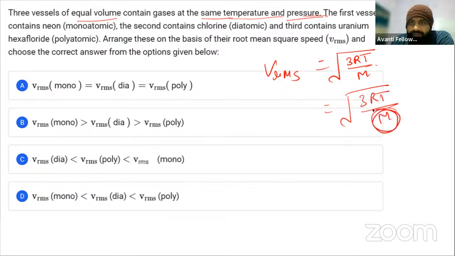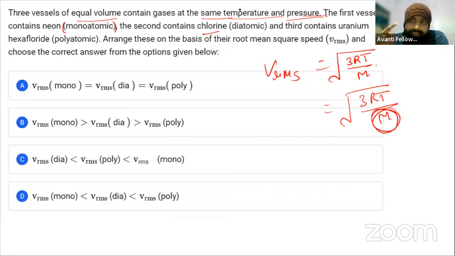The only thing that varies is M. Here, to confuse you, the question has specifically mentioned that this is neon, which is monoatomic, chlorine, which is diatomic, and uranium hexafluoride, which is polyatomic.